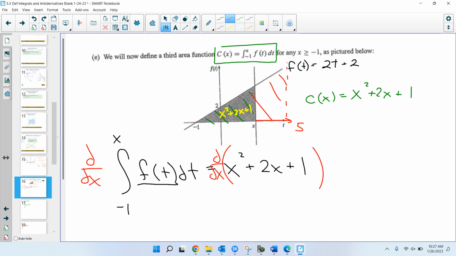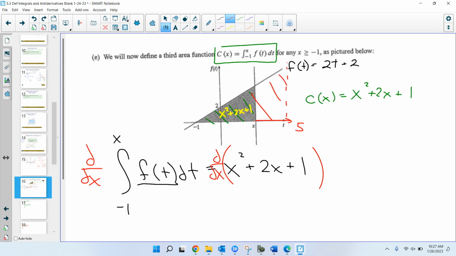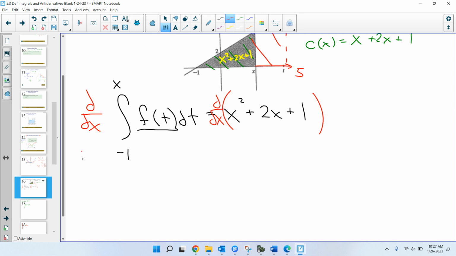I'm not doing this abstractly like these notes are. This is very abstract. This applies to every possible f of t that's continuous. I am showing you exactly how this is going to work. This is what they're asking you to calculate. This is how I calculate it. What's the derivative of x squared? What's the derivative of 2x? And the derivative of 1? 0. And what do you notice this is?